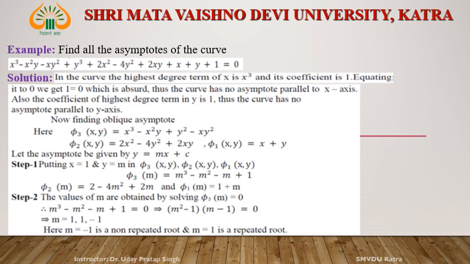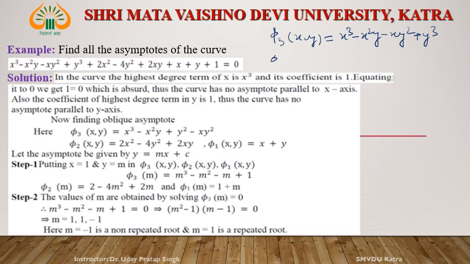What is the third degree term? Phi 3 of x, y. The third degree term is x cube minus x square y minus x y square plus y cube, right?